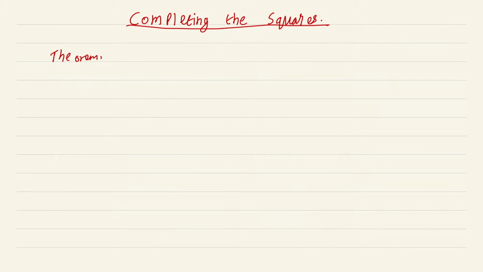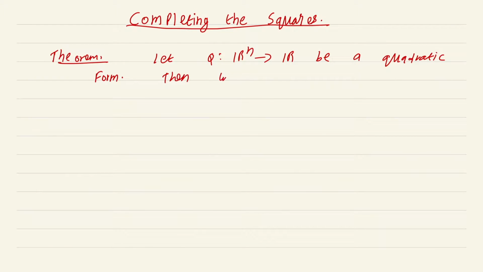So the theorem is as follows. Let Q from Rn to R be a quadratic form. Then we can find P plus N linear functionals. You will understand why I am writing it as P plus N in a moment.